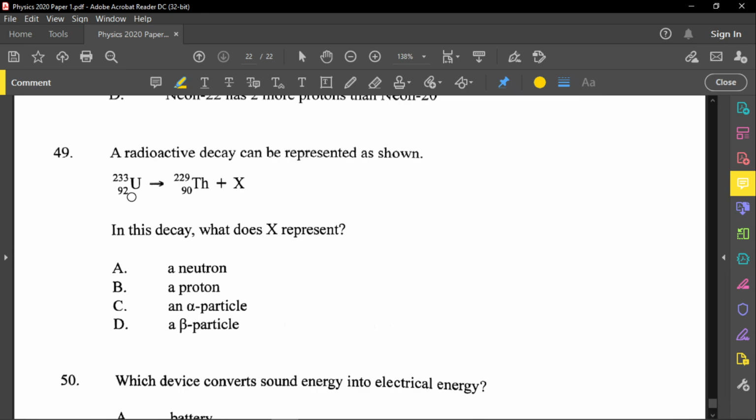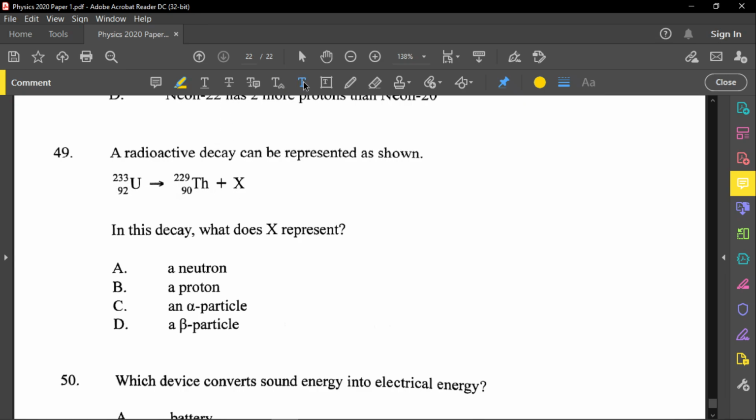Now 49, a radioactive decay can be represented as shown. Here you have the first element, which is uranium, with 233 and 92, and then the end product here is 229 and 90. What you need to note is that the sum of these numbers must equal what is coming from the first part. So the product must equal the reactant.